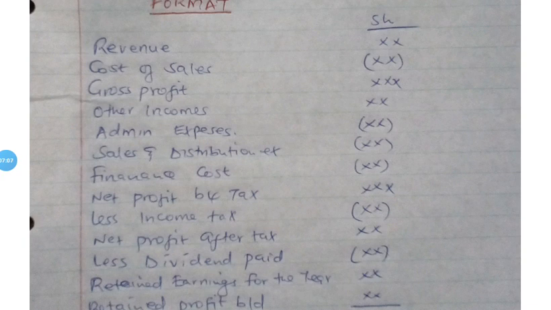What I mean by that is that when you have revenue, you don't start adding some figures on your income statement. You do the working outside, then you bring your one figure on your income statement.